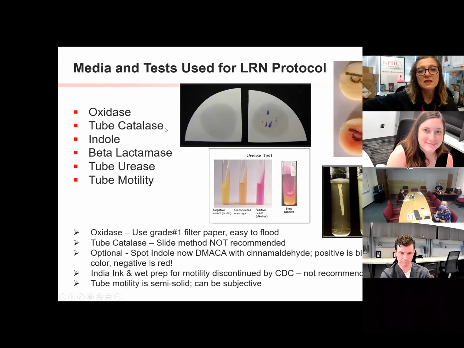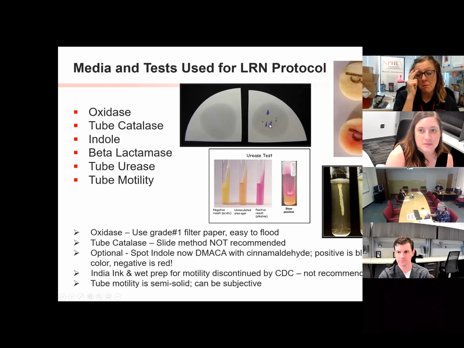The other test that laboratories have is oxidase. I find oxidase can be very deceiving, and some laboratories have a hard time with this. If you use a lot of organism, it might work. If you don't have enough organism, it might not turn purple.